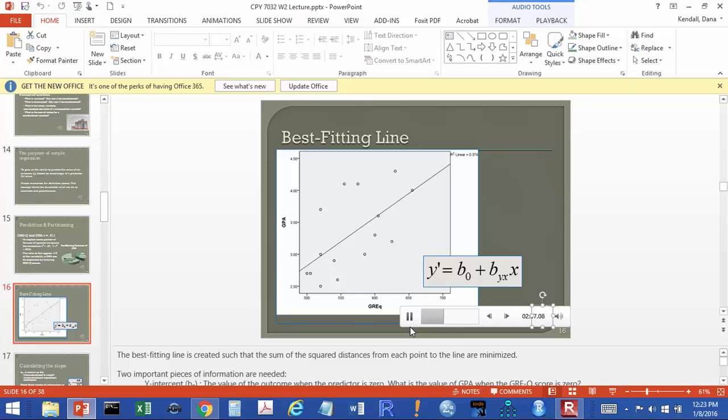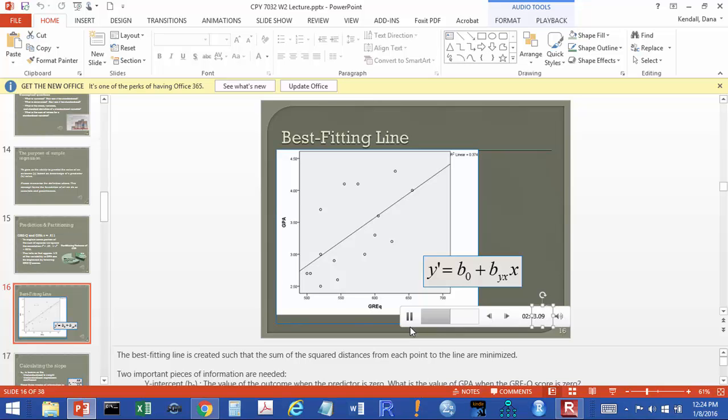So in this example, it's how much change in GPA we would expect to see for every 1 unit increase in our GRE quant scores. If we have a lot of change in the GPA, we would expect a very steep slope. For every 1 unit increase in GRE, GPA shoots up, and that would be a very steep slope, and probably a very strong correlation as well. But if we have just a tiny increase in GPA, then it would be a less steep slope. So just keep that visual in mind as we move forward.